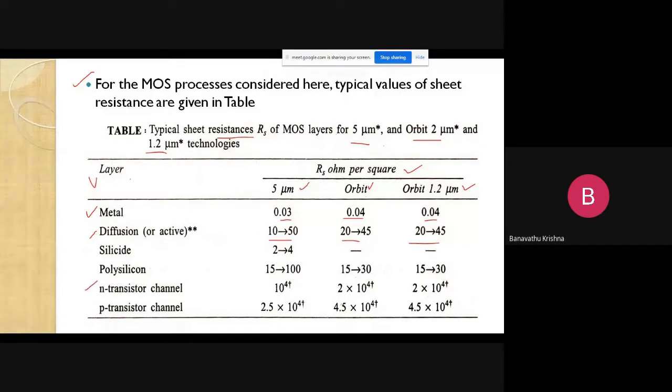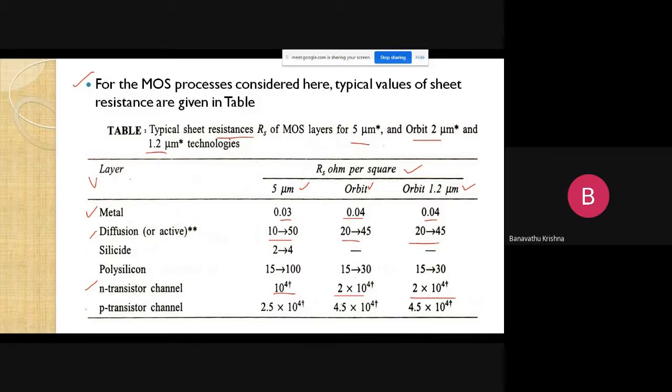Coming to the n-channel transistor, the RS in 5 micrometer technology is 10 to the power of 4. In Orbit 2 micrometer technology, RS is 2 into 10 to the power of 4. Similarly, in Orbit 1.2 micrometer technology, the value is 2 into 10 to the power of 4.